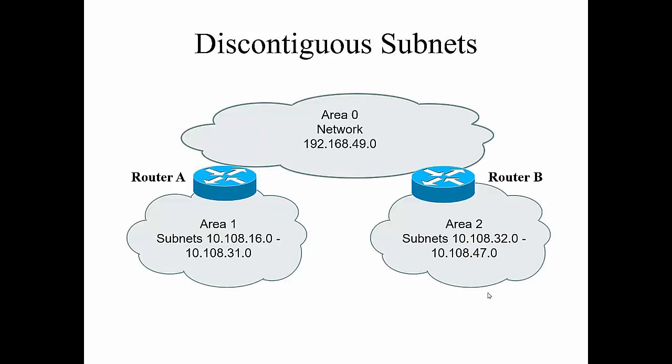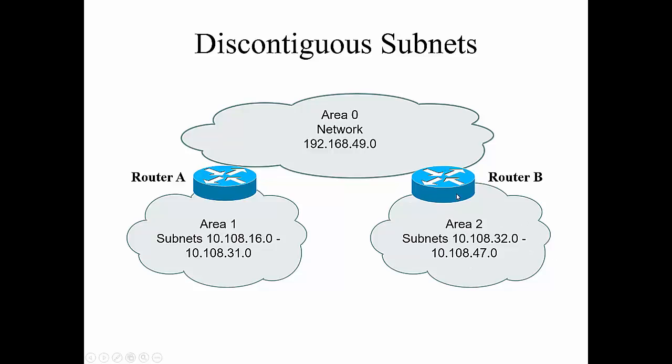What about networks that aren't contiguous? Here is 10.108.16.0 through 31. Here's a completely different network. How do we go from this network to the other network? Our routers have to have a routing table, and they have to know the routes or the pathways to the other addresses.